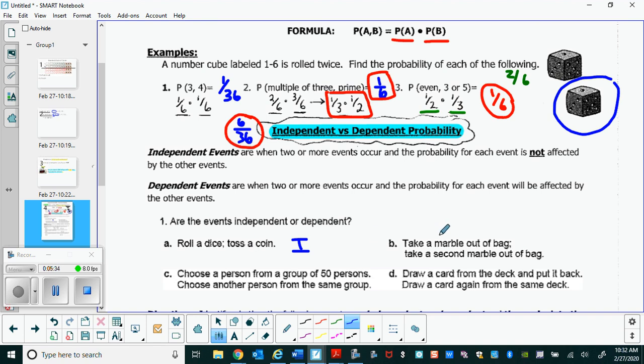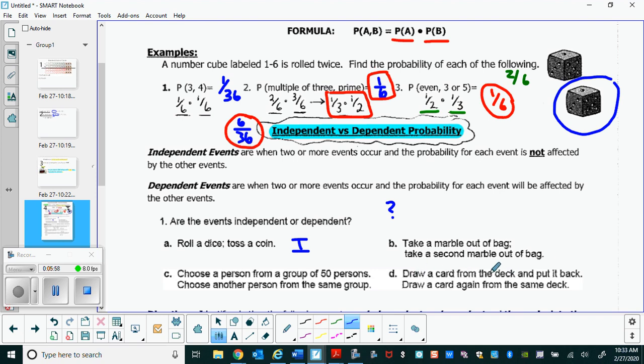Here it says we're going to take a marble out of a bag, and then we're going to take a second marble out of the bag. Now with this one, you might not know yet how to think of it as independent or dependent. So let's look at answer choice D actually, and you'll see that what problem D shows is that when you take a card from the deck, this one says that you put it back.